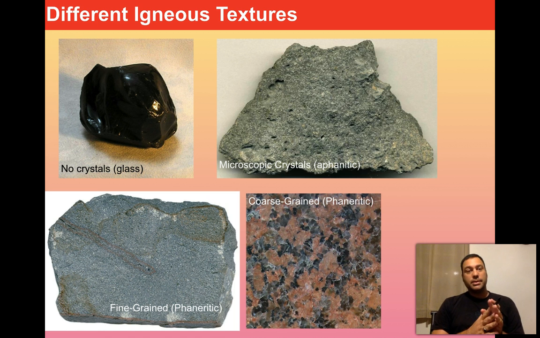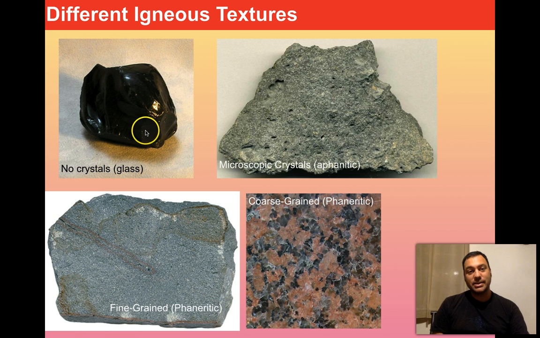One of the interesting things about these is, even though these rocks look completely different, they all have exactly the same mineralogy. If I take this and dissolve it in acid, take this and dissolve it in acid, and so on, all four of them have the same chemistry. The only difference between these rocks is the size of the crystals.